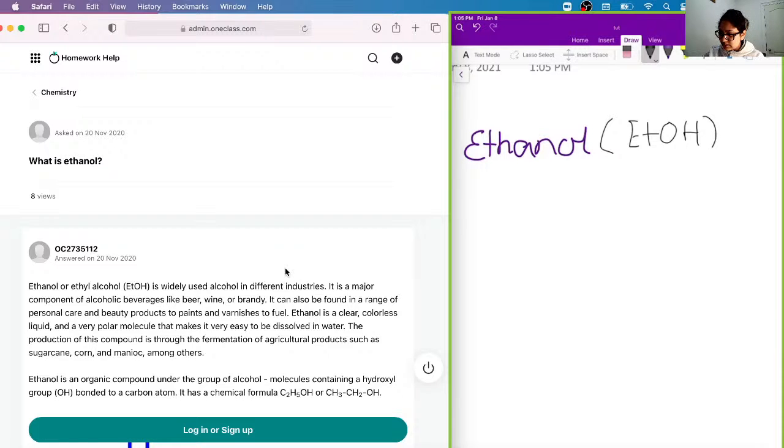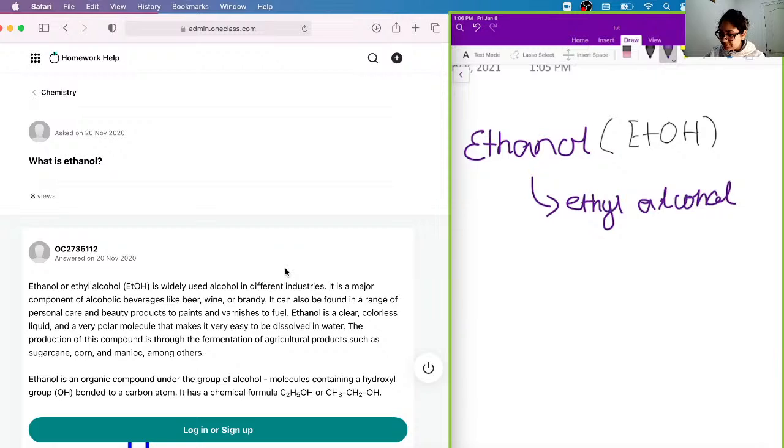So by the name, you can see that this is a type of alcohol and is used in different industries. It is also found in a range of chemicals like in beauty products, paints, fuel.